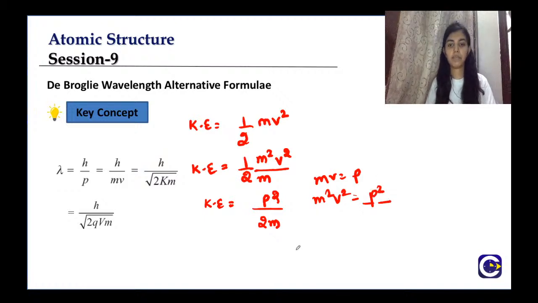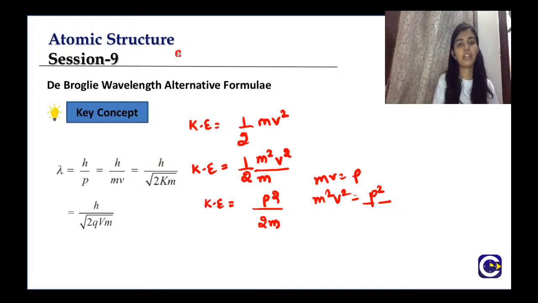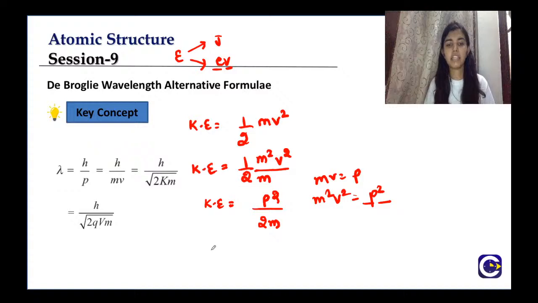Am I correct? Now, if you represent kinetic energy in electron volt, see, what are the units of energy basically? Joule and electron volt, right? So if you consider kinetic energy to be in electron volts, you will get p square divided by 2m.